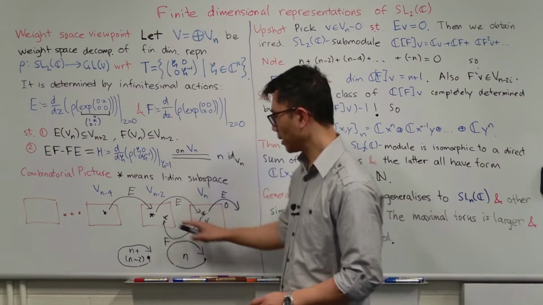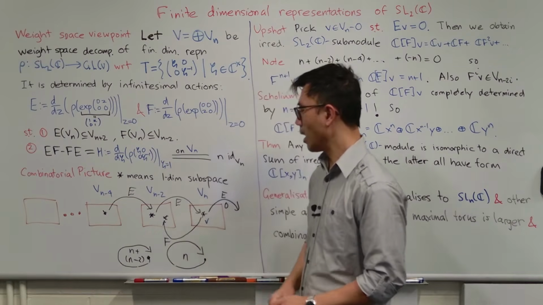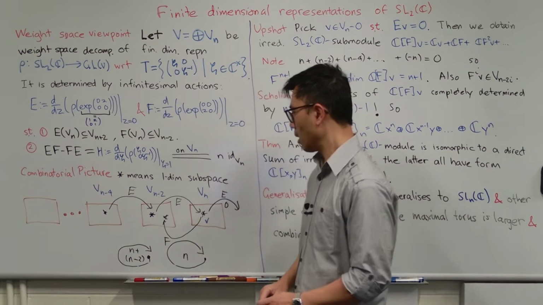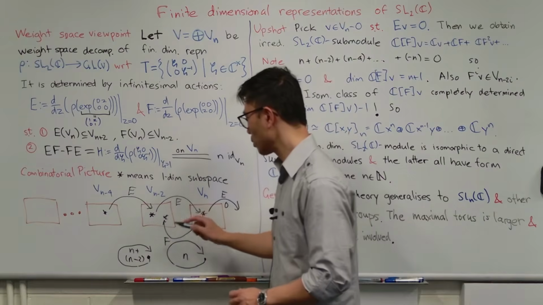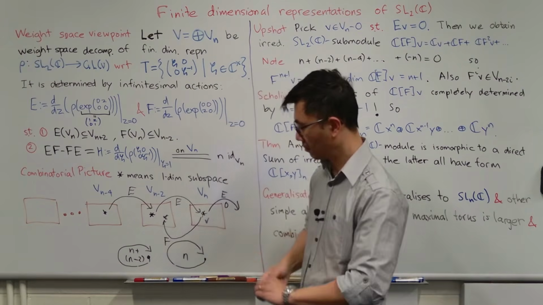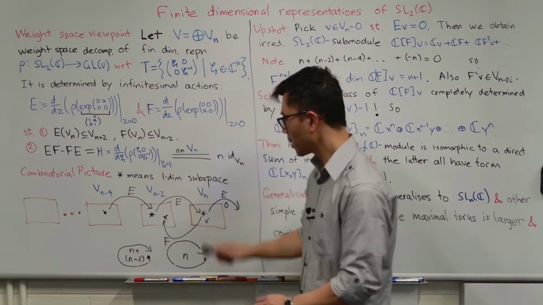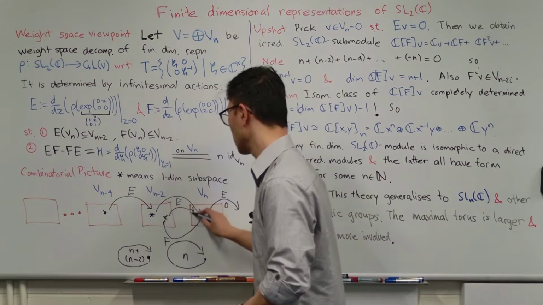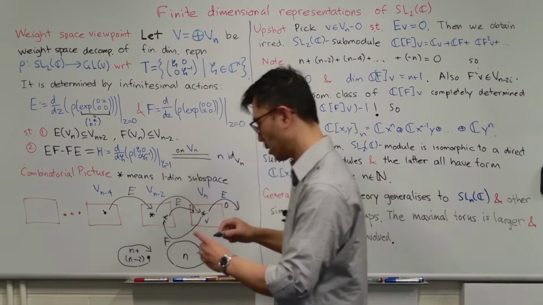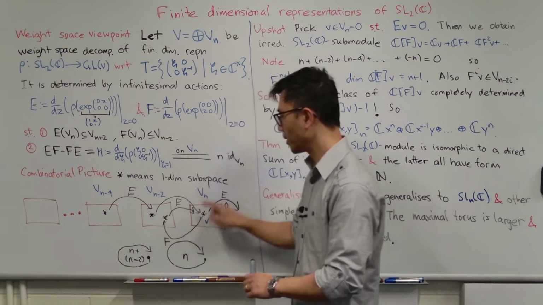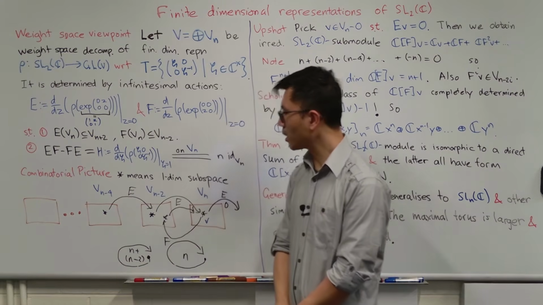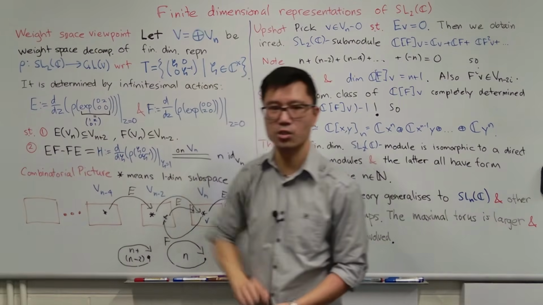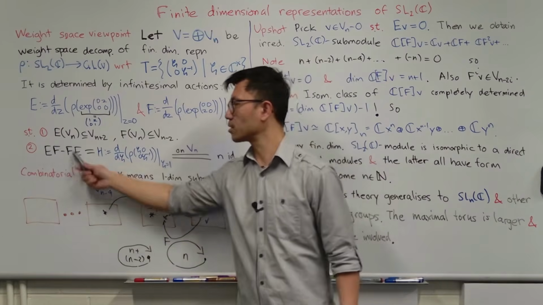And then I guess we can also map by E as well, back over here, and get more vectors. So let's see what happens when you go around like this. Okay, so they're both E's. We're going to go around like this. And the way we're going to do that is, well, we've used these two conditions, but we haven't used this condition here. So I want to see what's the effect of this condition here.